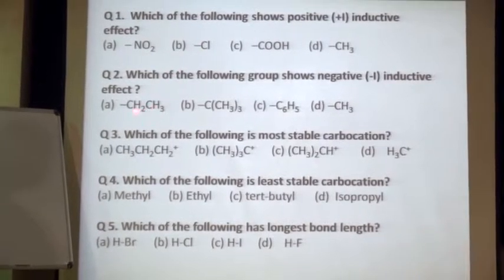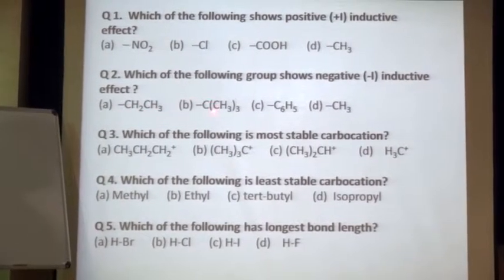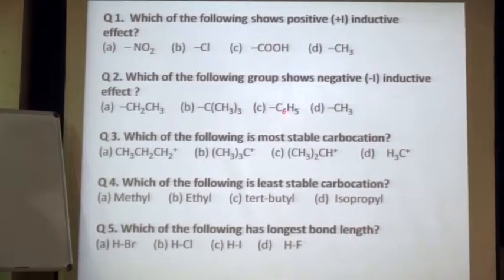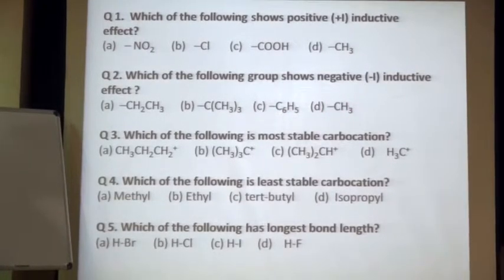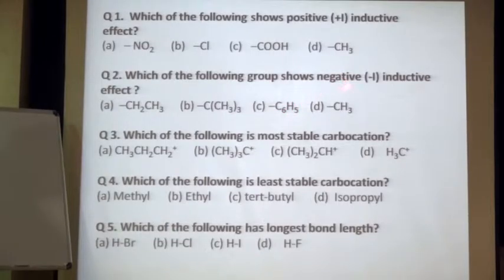Now this is ethyl, this is tertiary, this is phenyl and this is methyl. What is the right answer according to you? Yesterday we had discussed that phenyl is the right answer. So answer C is the correct one.